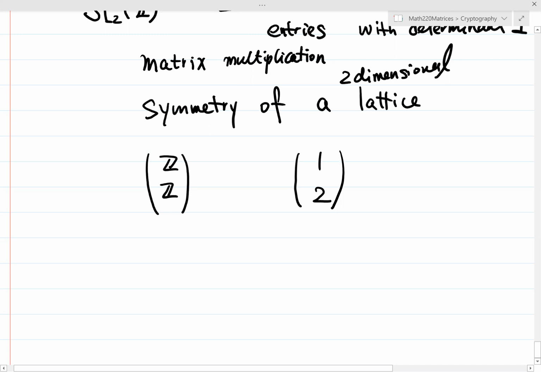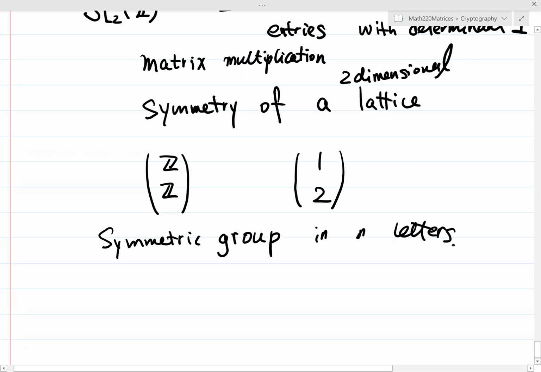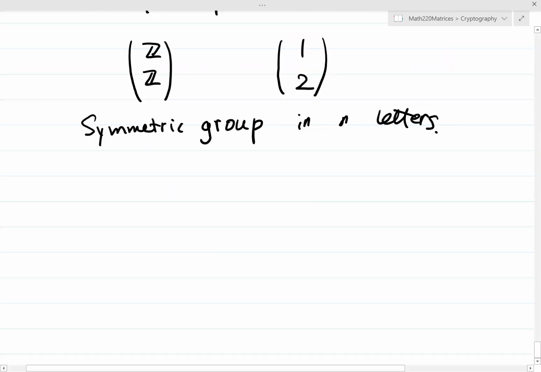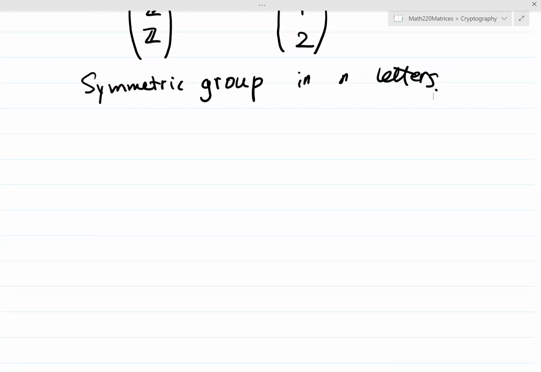Another example is permutations, the symmetric group on n letters. This is a group. Group theory is an important part of algebra because it talks about symmetry. It's the most natural language to talk about the symmetry of objects.